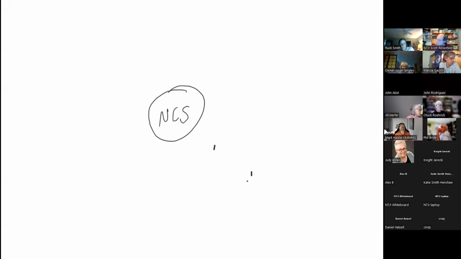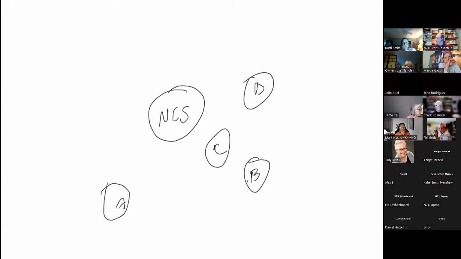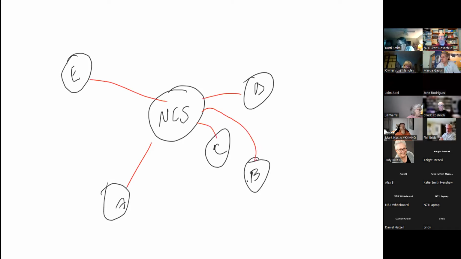Let's say I have station A, station B, station C, and station D like this, and there's an ad hoc network that we've set up either using simplex or using a repeater station. Net control basically is the traffic cop. Typically, the net control station determines who can talk to who, when, where, and why, and is the central clearinghouse for information. Formal information that travels through a network is known as traffic.